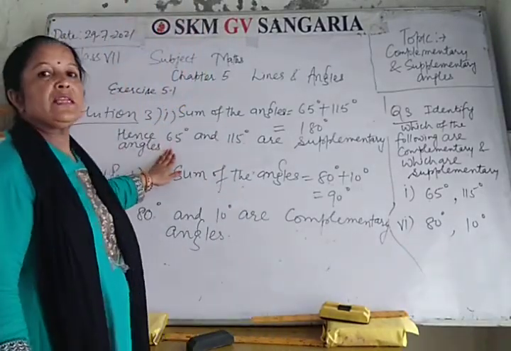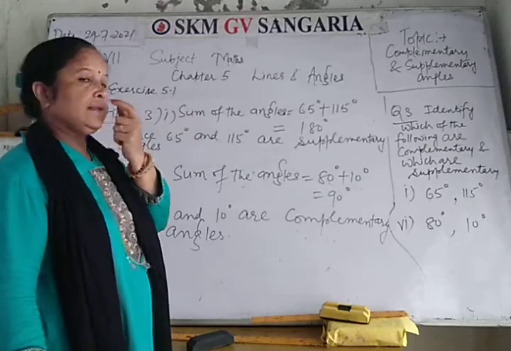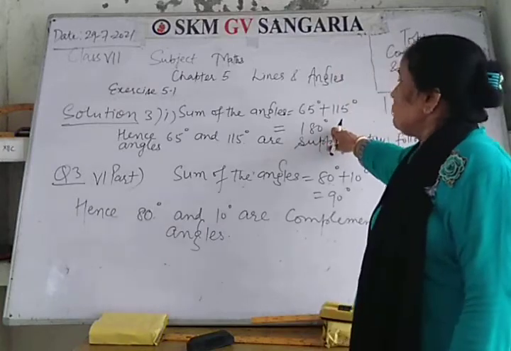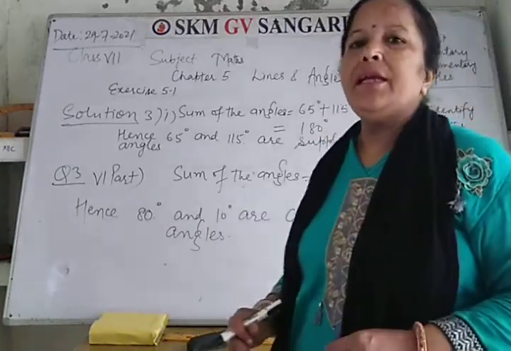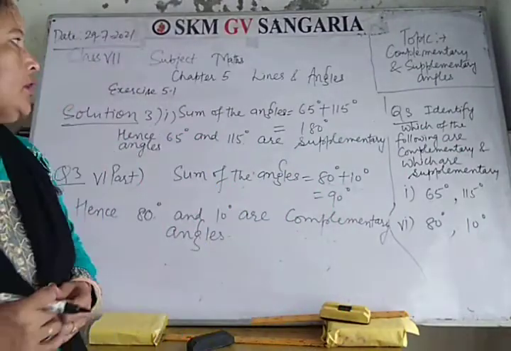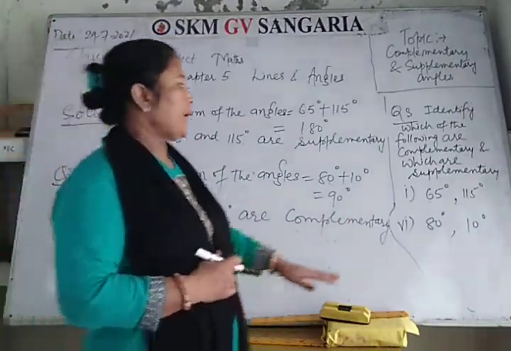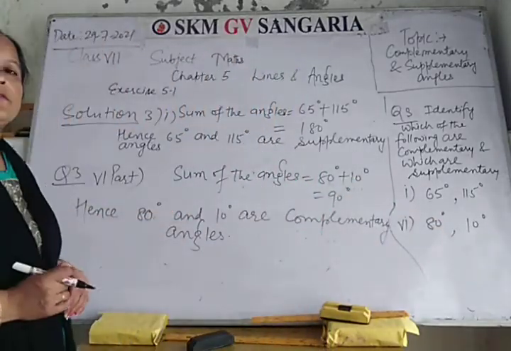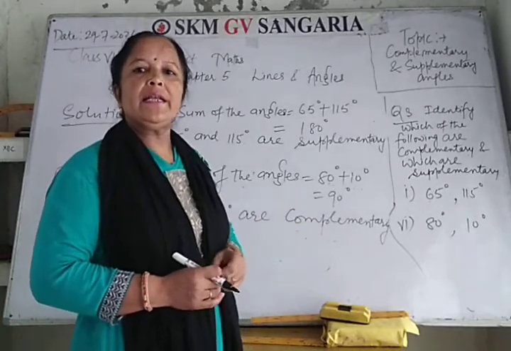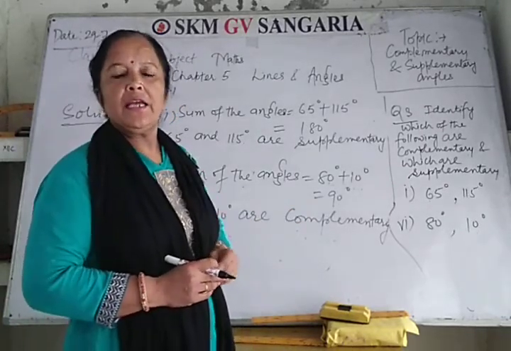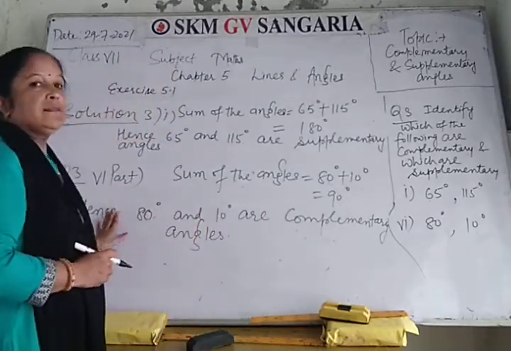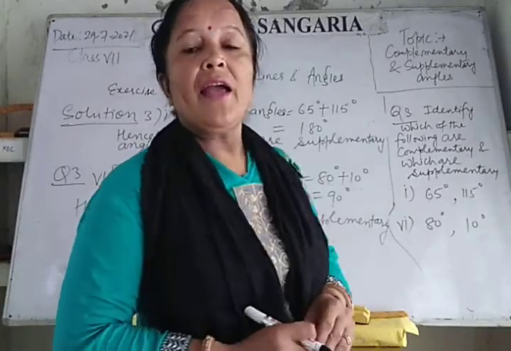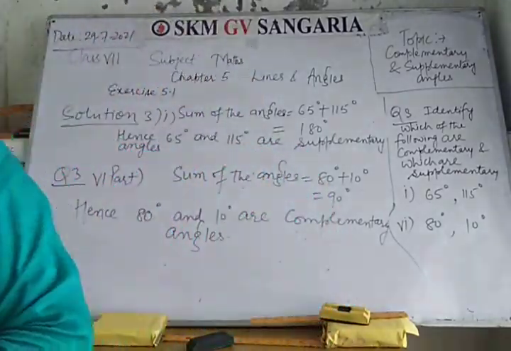Then part 6 is here, 80 degree and 10 degree. We will write the sum of the angles is equal to 80 degree plus 10 degree, that is equal to 90 degree. Hence 80 degree and 10 degree are called complementary angles.